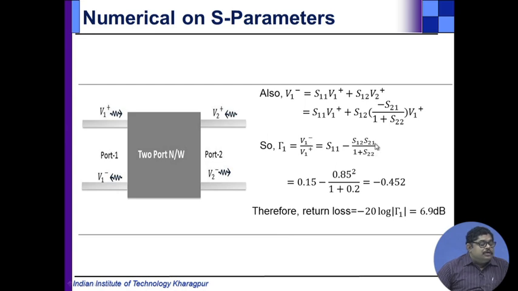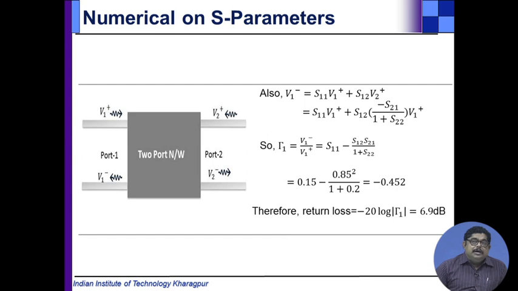So, now you know these values from the S matrix given, you can find these values. So, once you know the reflection coefficient, you can find the return loss. Reflection coefficient is a complex quantity, return loss is a scalar quantity, please remember that. That is why it is minus 20 log of the magnitude of gamma 1. Okay. So, we have solved the 3 parts.